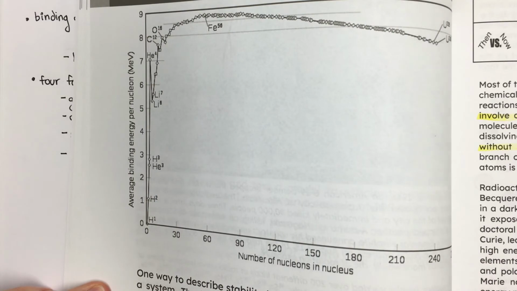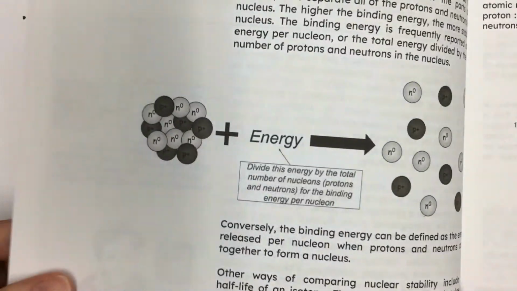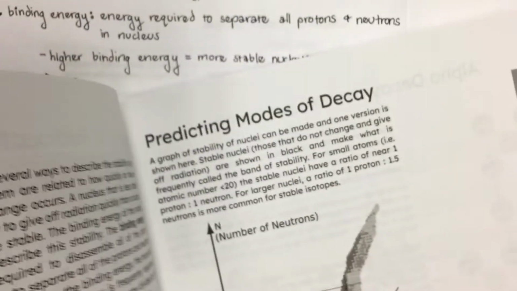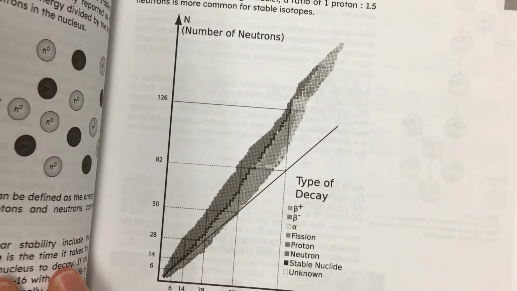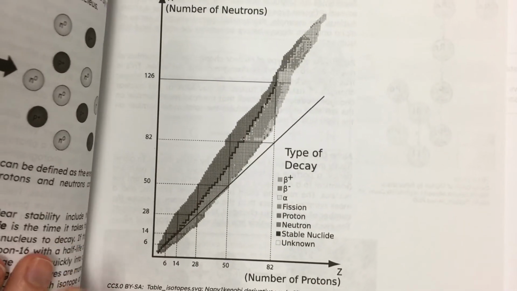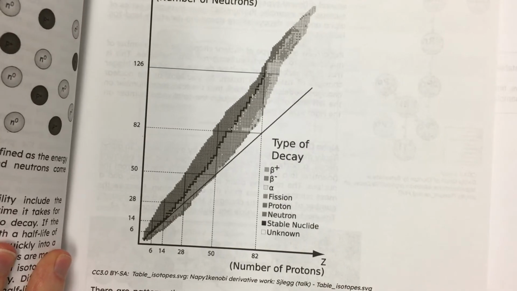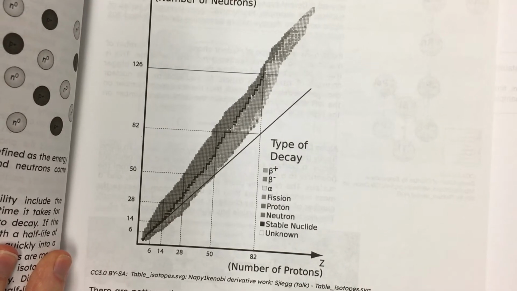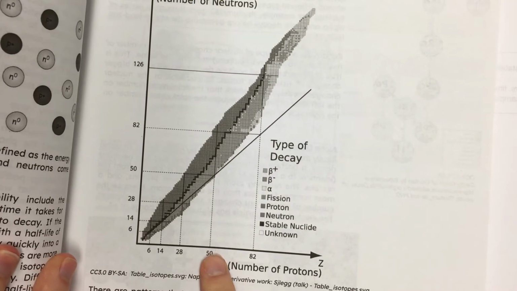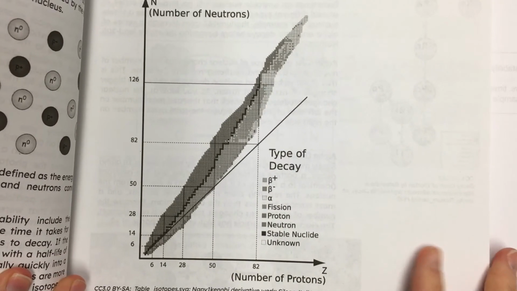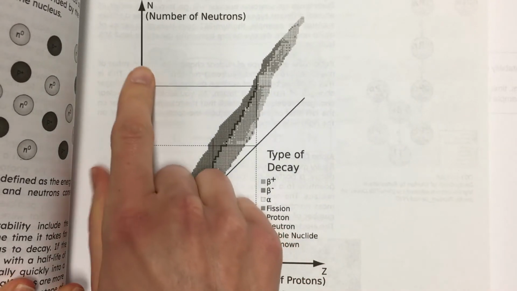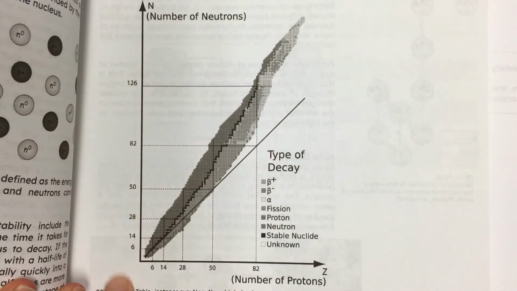Okay. There's another graph that we're going to look at in class. You can see it right here. This graph is called a band of stability graph. We've got the number of protons down here on the x-axis and the number of neutrons here on the y-axis.